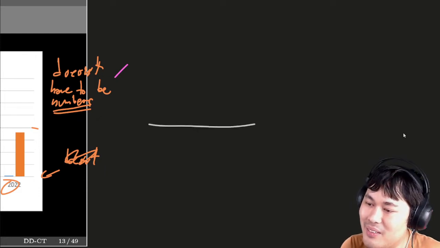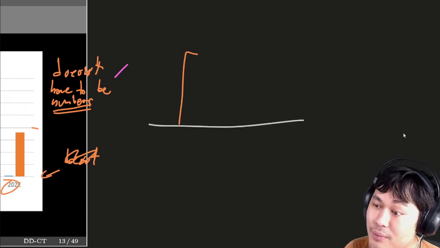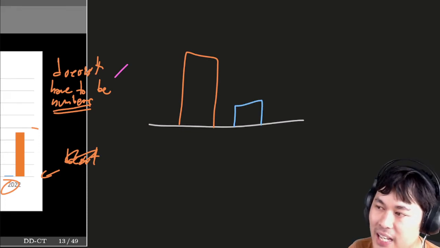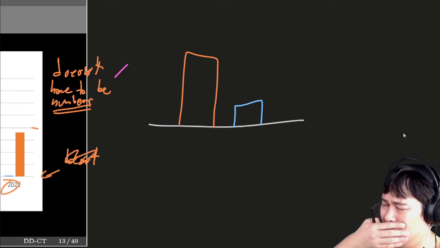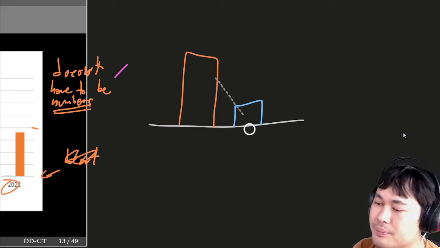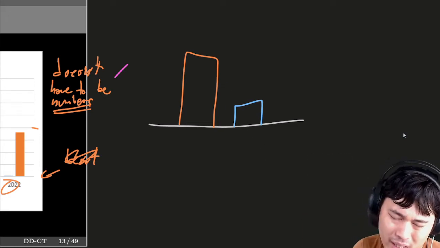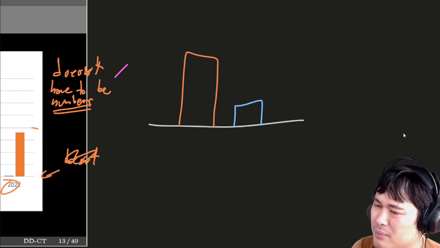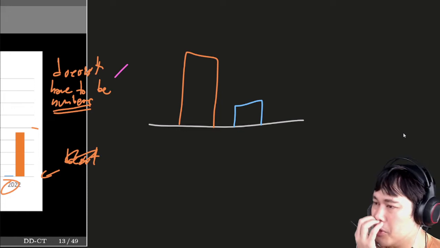Like for instance, you might want to make people feel that this yellow chart is a lot more than the blue chart. It's a lot higher than the blue chart. And you might take a look at this one. This purple chart is 3 times higher than the blue chart.